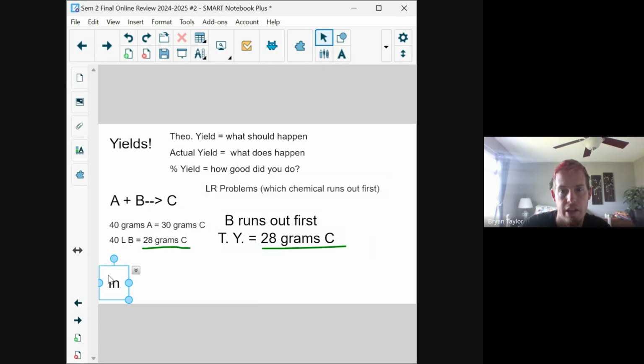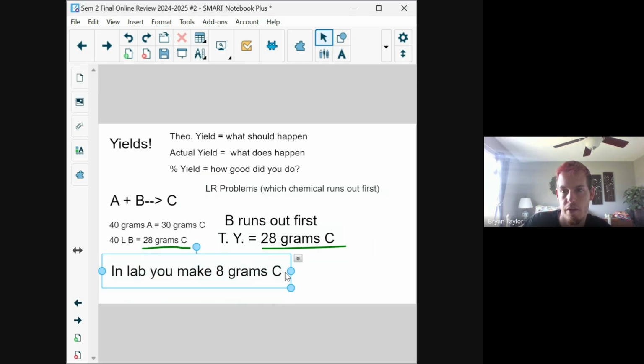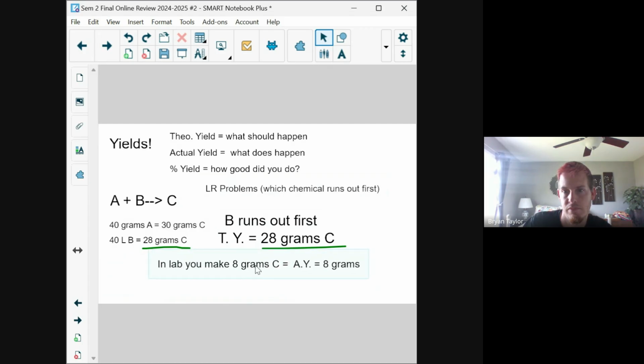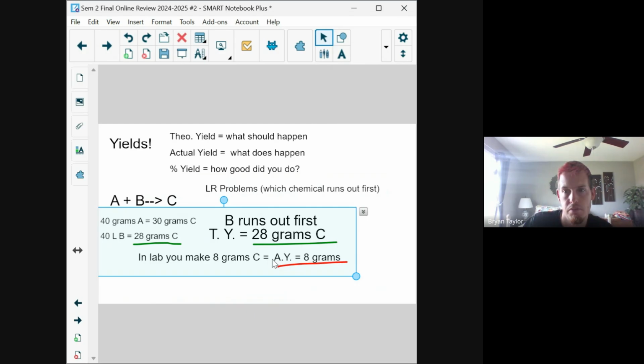Now, in lab, you make 8 grams. This means the actual yield is 8 grams, which is terrible. So, what does all this mean?